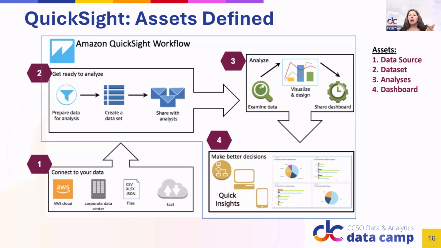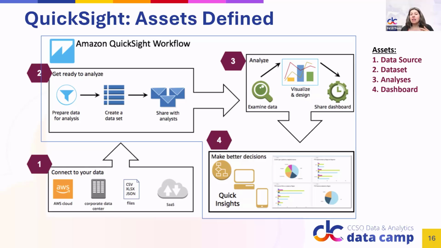You can then use a data set to create an analysis. So that's where you can filter your data and create the visualizations that go along with it. It's in this analysis where you're actually going to do your dashboard creation, because in QuickSight, a dashboard is just a published analysis. So the dashboard itself is just the interactive visuals.